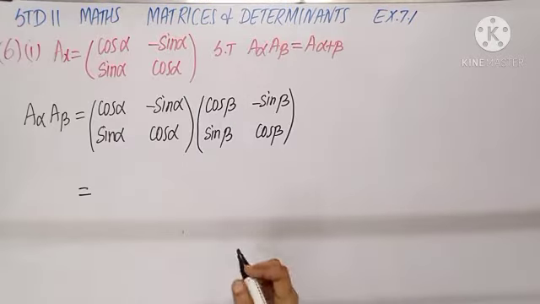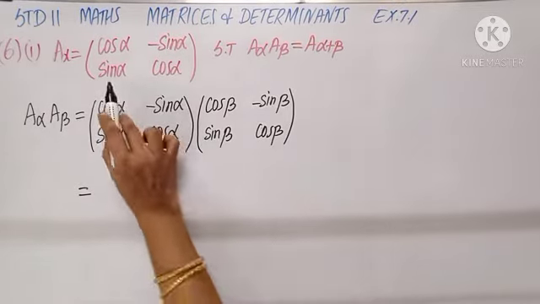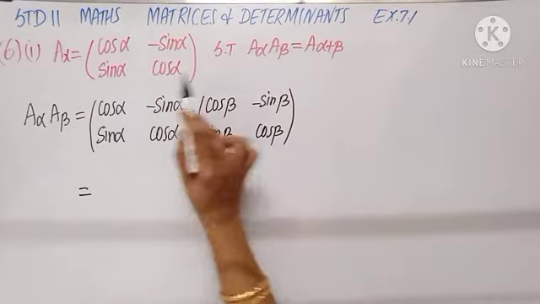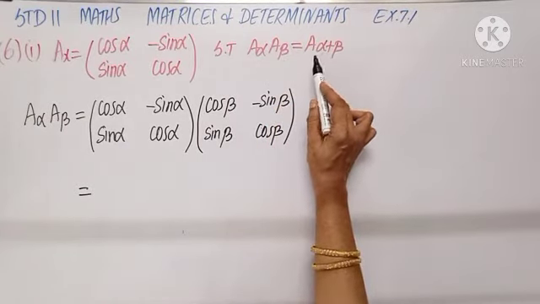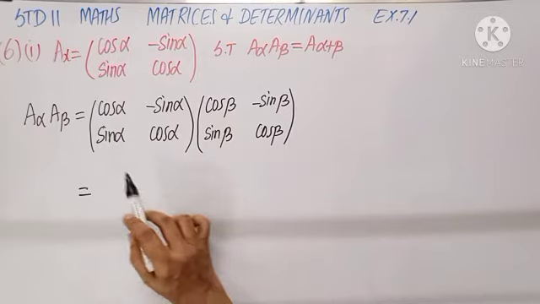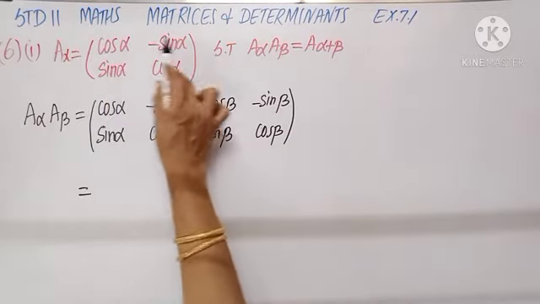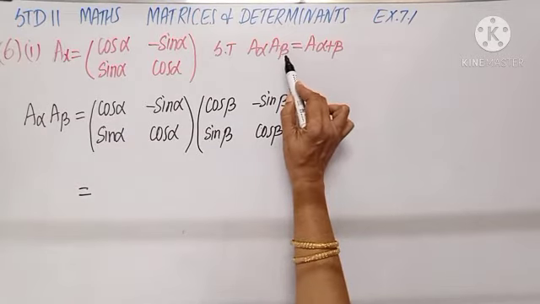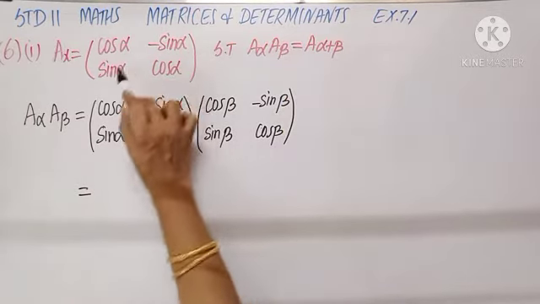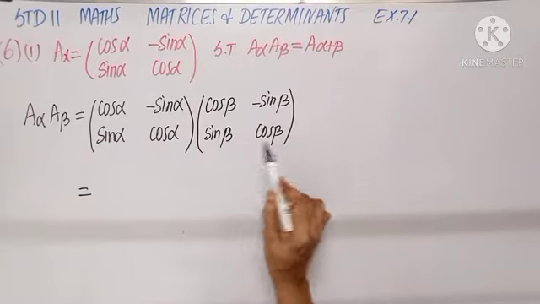Question number 6. A alpha is [cos alpha, minus sin alpha; sin alpha, cos alpha]. Show that A alpha, A beta equals A alpha plus beta. Everywhere we have written alpha. If I want A beta, wherever alpha comes, let us replace it with beta.